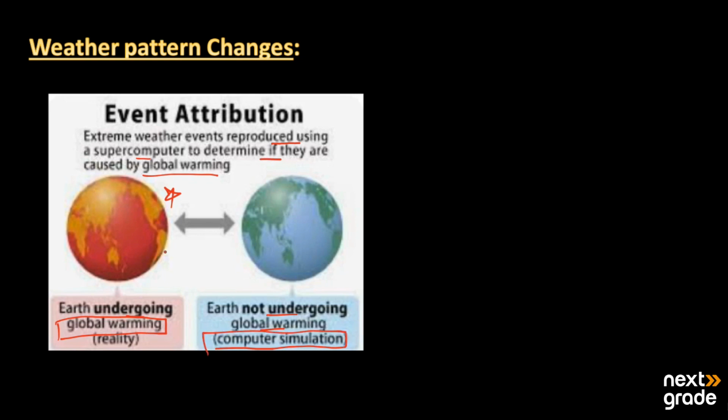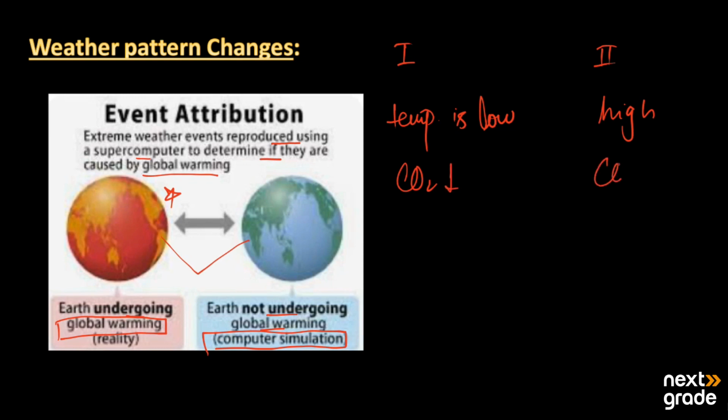You can see how much difference there is between these two: in condition number one, the temperature is low or normal; in the second condition, the temperature is high. The carbon dioxide concentration is low here, and here it is high.